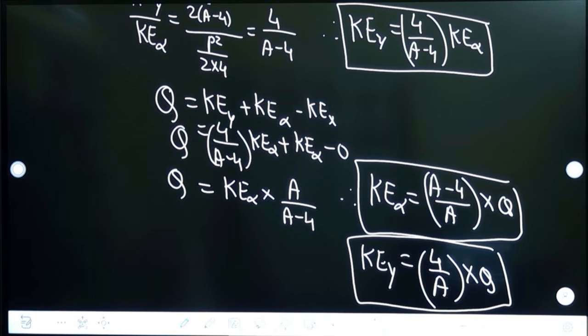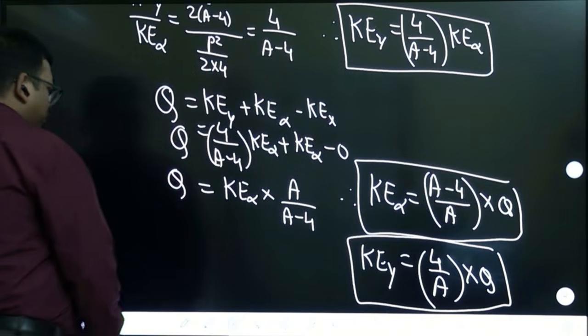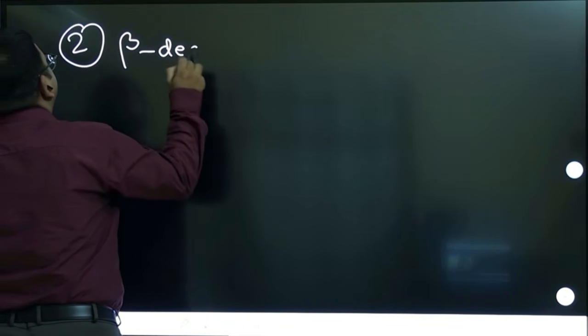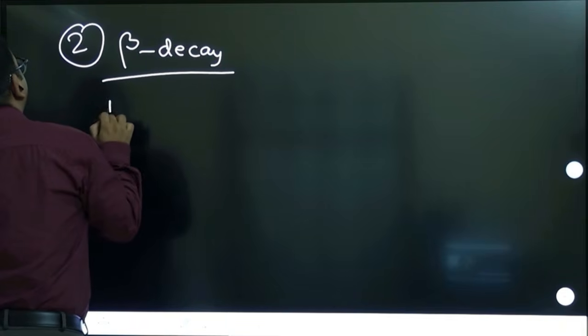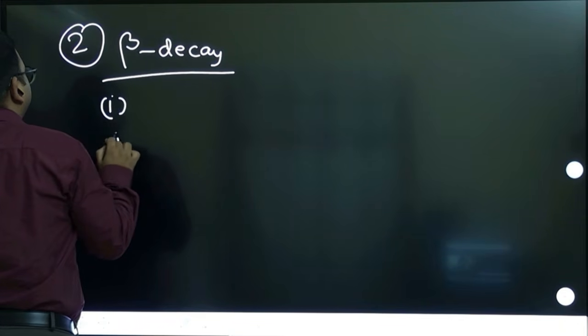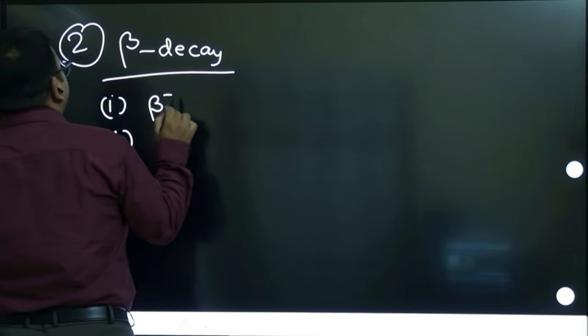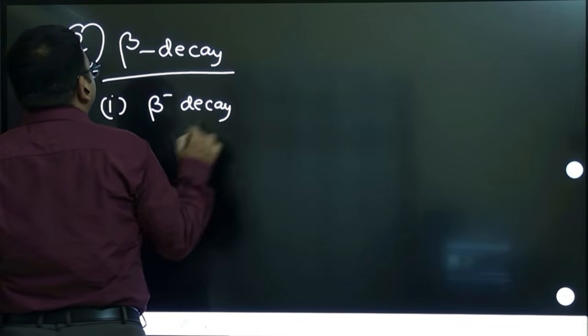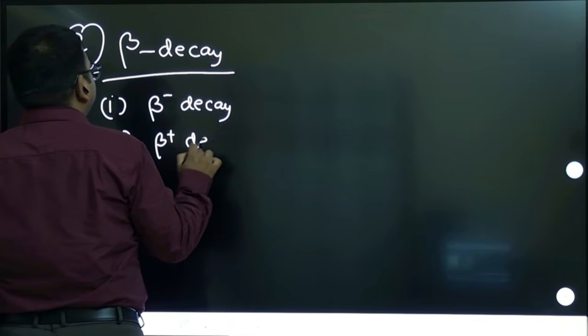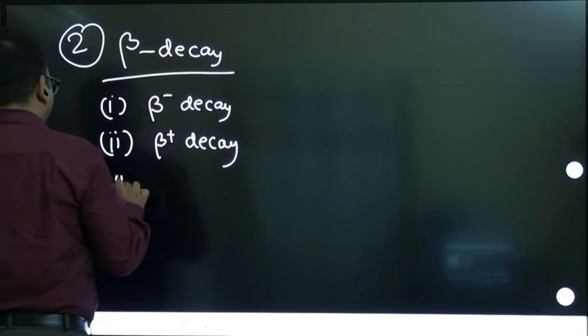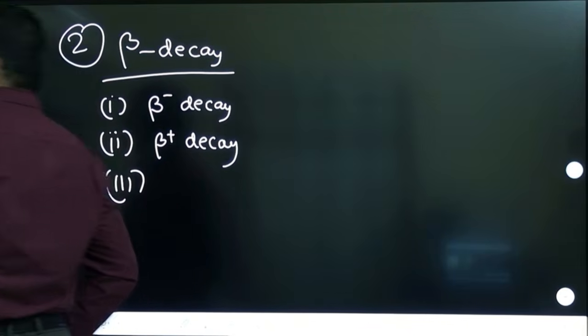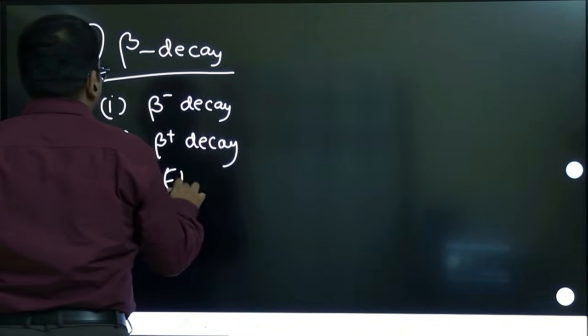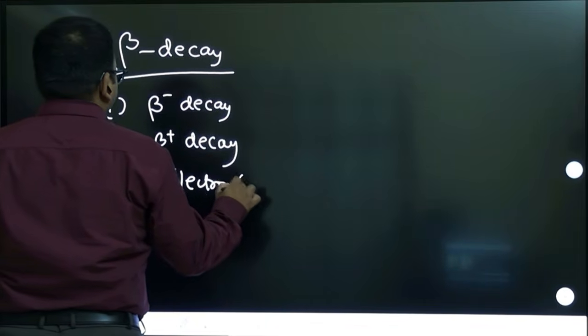Okay, then beta decay. Let us go into the beta decay topic. Second is beta decay. There are three ways beta decay happens: beta minus decay, beta plus decay, and the third is called electron capture.